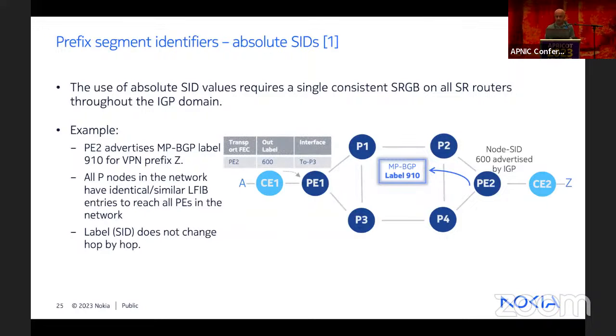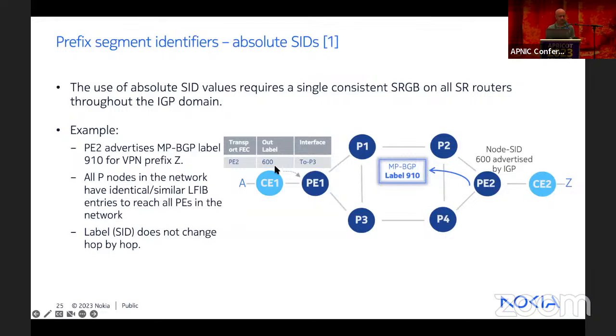So let's look at the scenario here. On PE1, because PE2's SID is advertised, it will create an entry in the FTN that says if the transport FEC, by transport I mean the infrastructure prefix, is PE2, put a label of 600 on it.